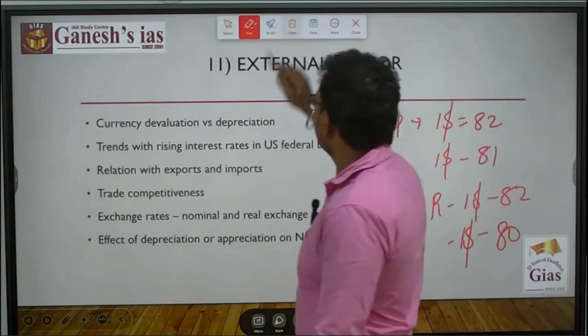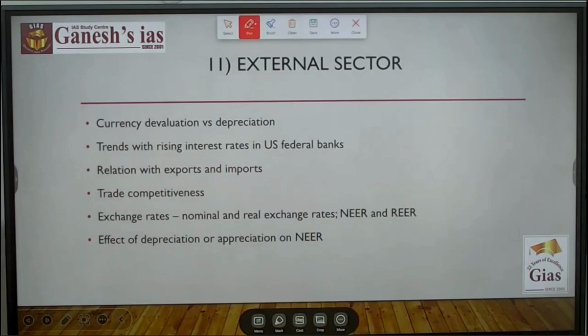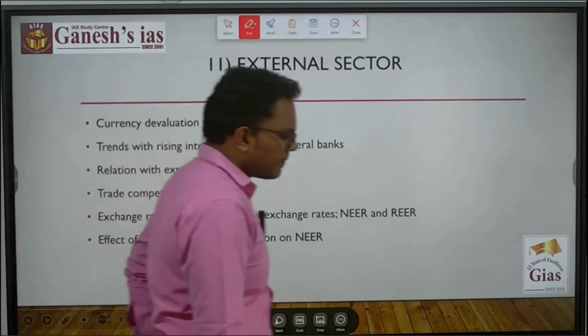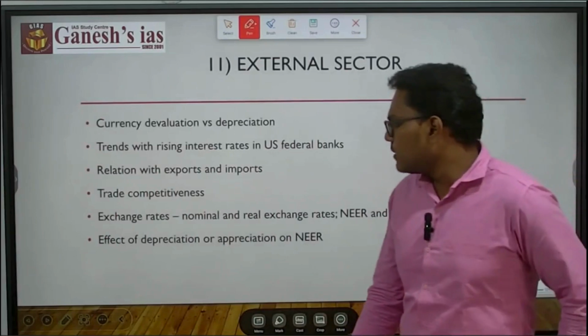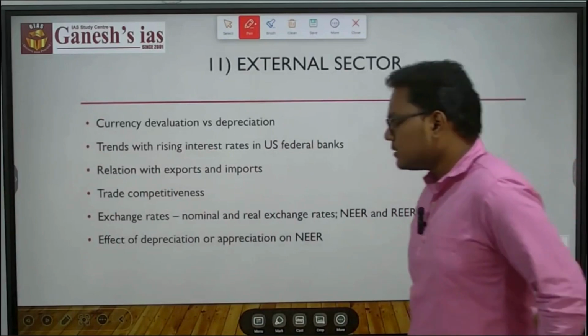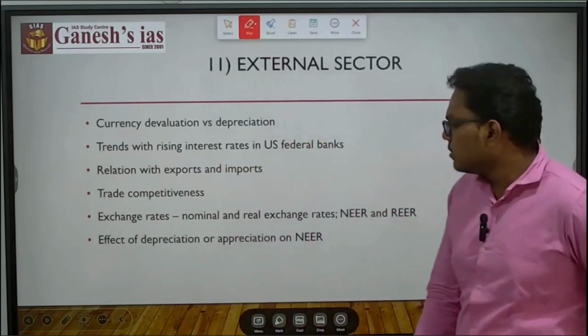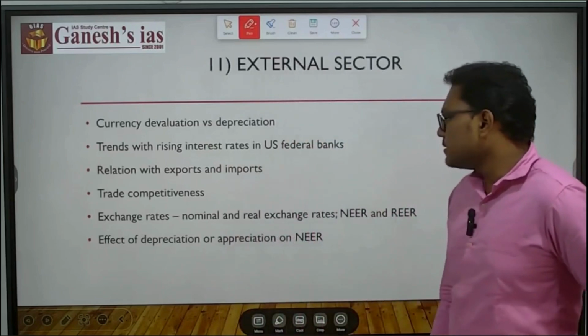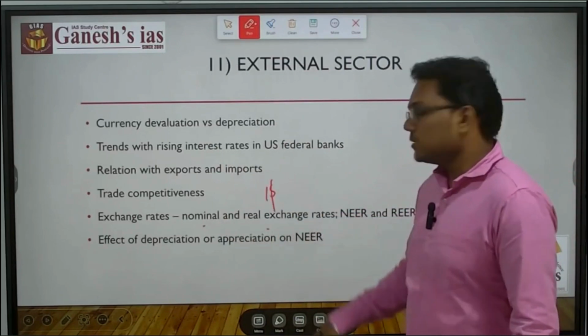And then you need to know about exchange rates. What are nominal exchange rates and real exchange rates? What is the nominal effective exchange rate and the real effective exchange rate? The nominal exchange rate doesn't account for inflation, whereas the real exchange rate accounts for inflation. These two exchange rates are with respect to only one currency.